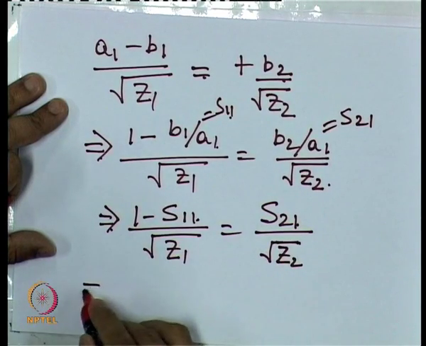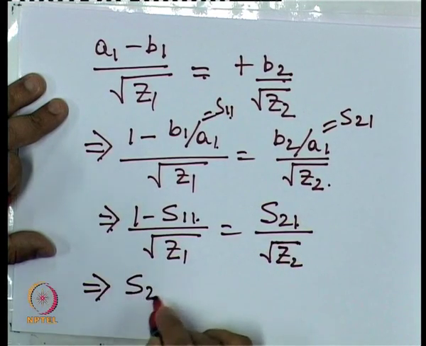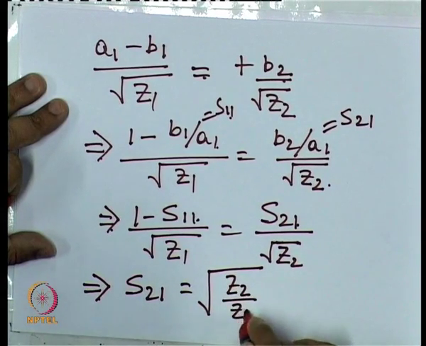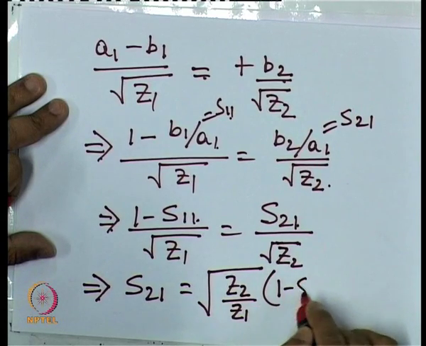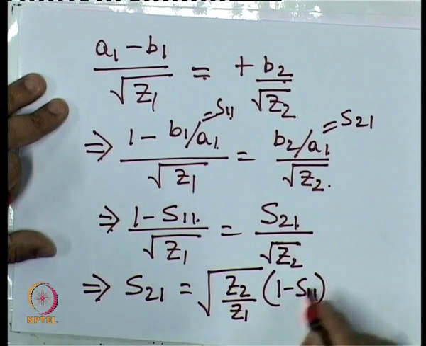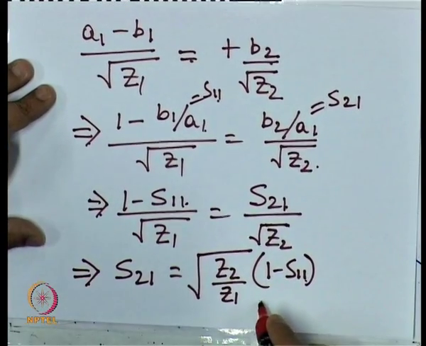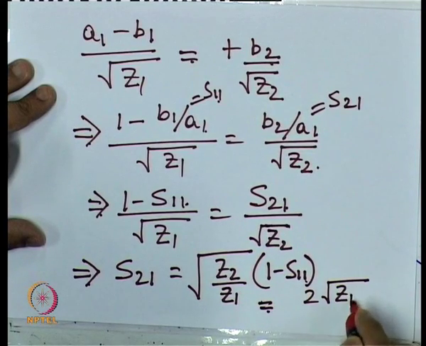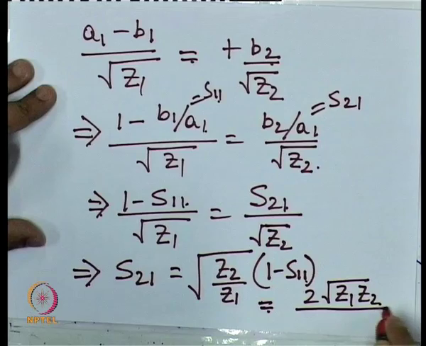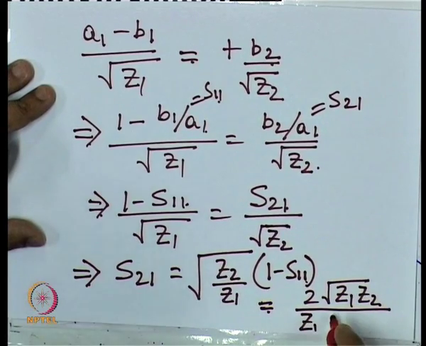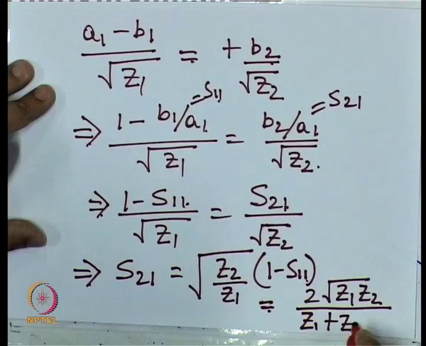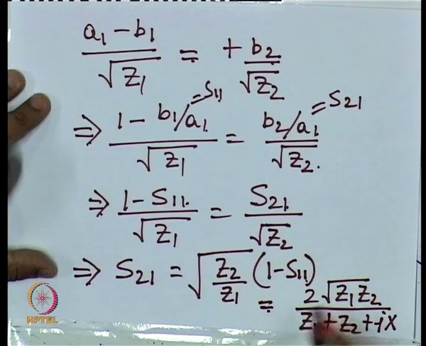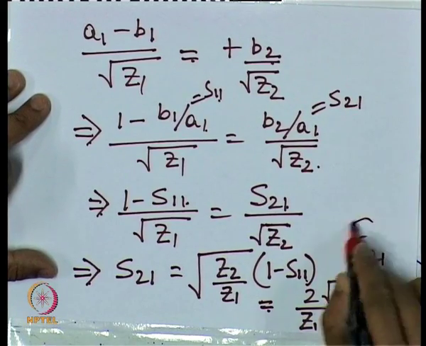From here we can derive an expression for S21, which will be equal to square root of Z2 upon Z1 times the expression we get. So this is the final expression for S21.